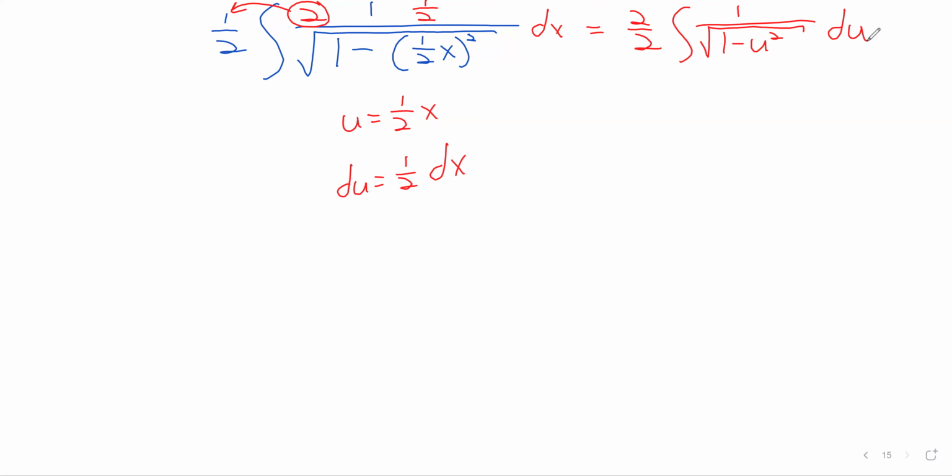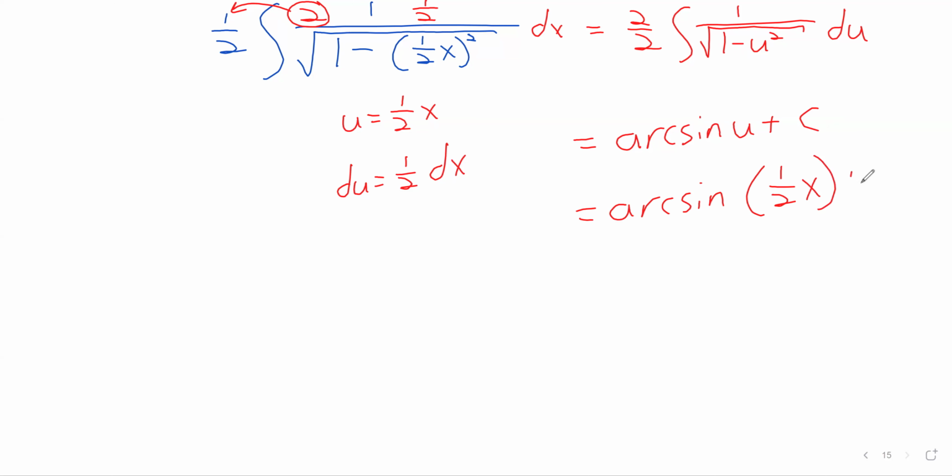This 2 over 2 is 1. It goes away. The integral is the arcsine. So this is the arcsine of u, which was 1/2 x, plus c. So that's how these work.